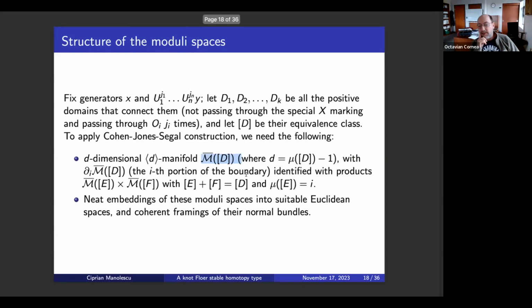Ciprian, yes, sorry, do you also need a composition? So this is called a flow category. Is it a category in the sense that you can compose morphisms and composition is associative? Right, let me think.